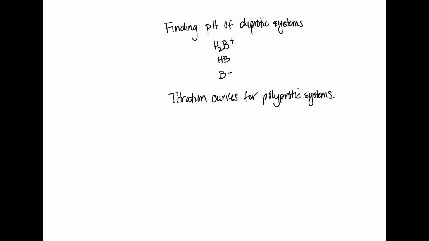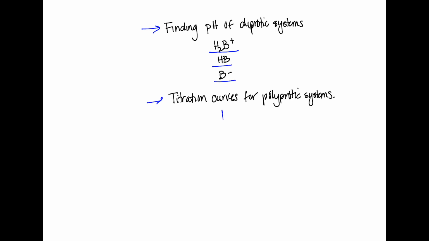All right, so in this video, in this chapter, we started with finding the pH of diprotic systems. We talked about how to find the pH when it's the totally protonated form. We talked about how to find the pH when it's in its totally basic form, and then we talked about how to find the pH when it's in its intermediate form, which is when we need to use the systematic treatment of equilibrium, or with a few assumptions, we come down to an easy equation. And then we moved on to titration curves for polyprotic systems, and we learned how to calculate the pH for different points.